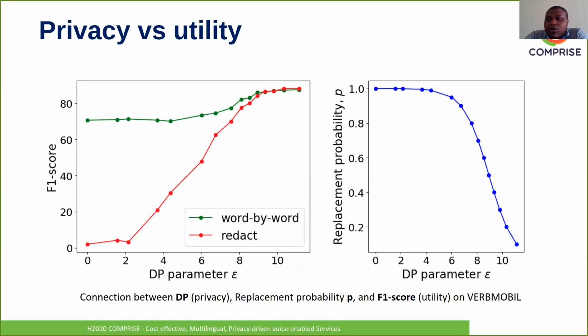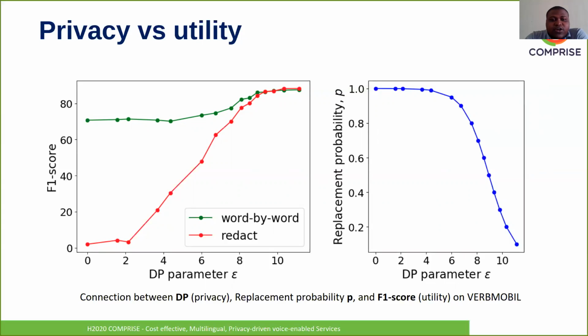Based on what we described earlier, the higher the replacement probability, the lower the privacy loss. If we do not replace a lot of text, the privacy will be low because more of the users' information is exposed.